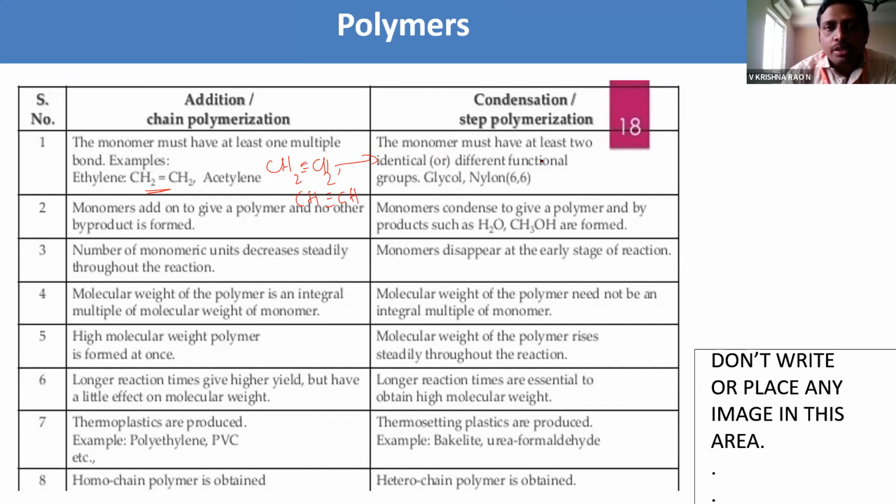In condensation polymerization, the monomer must have at least two identical or different functional groups.